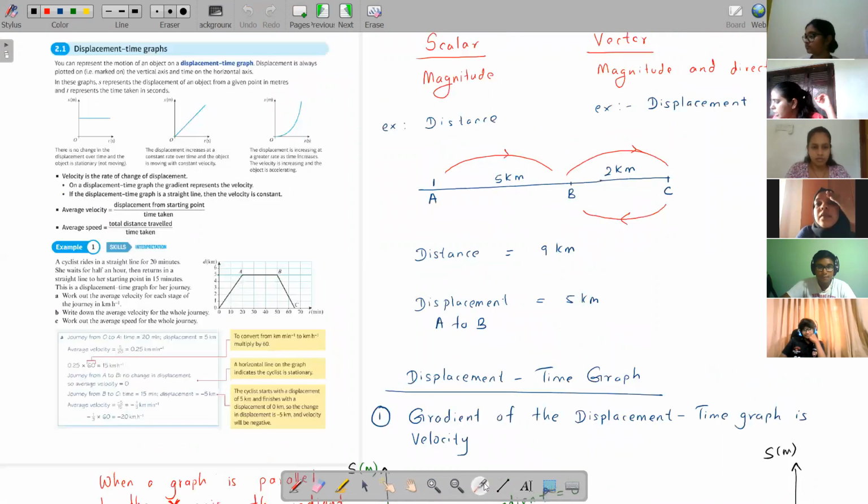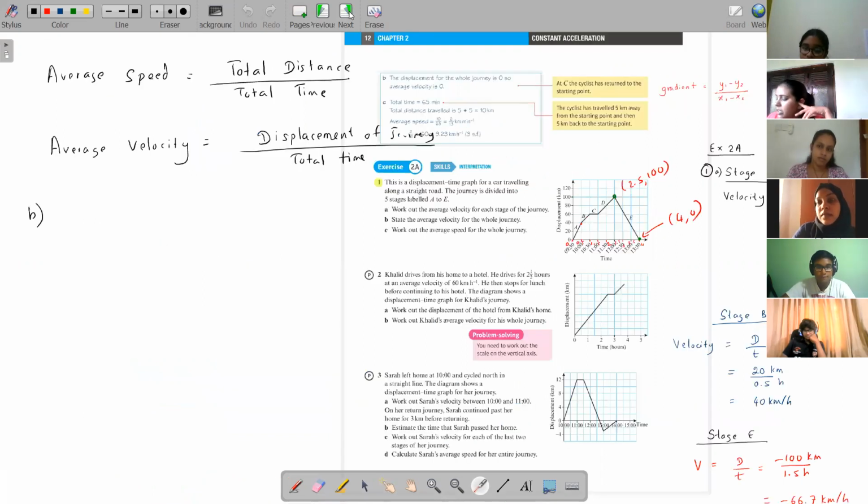I told you when you start at A, and if you come back to A, what's the displacement of the entire journey? You start from A, you come back to A, your displacement is going to be what, children? 0. So here also, don't you see it's the same story?